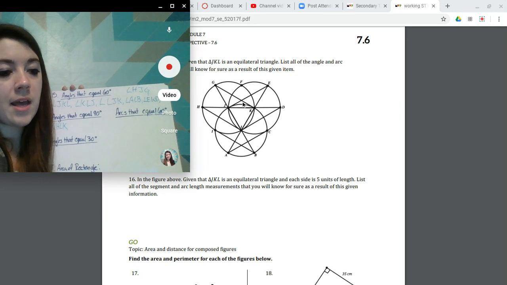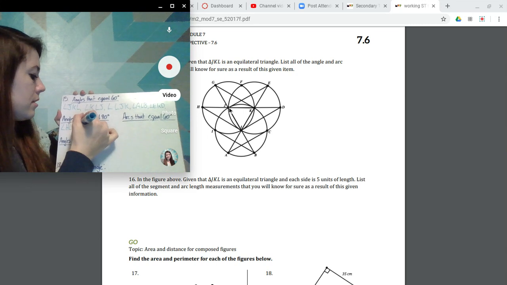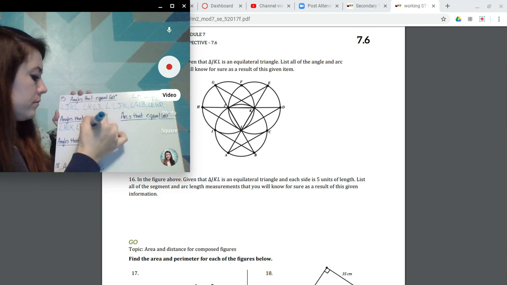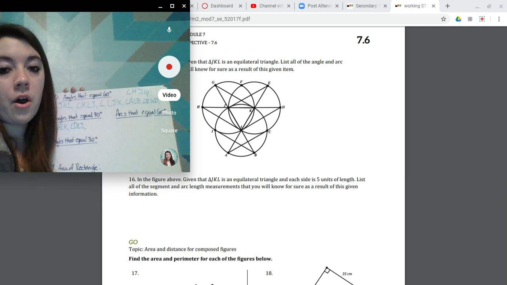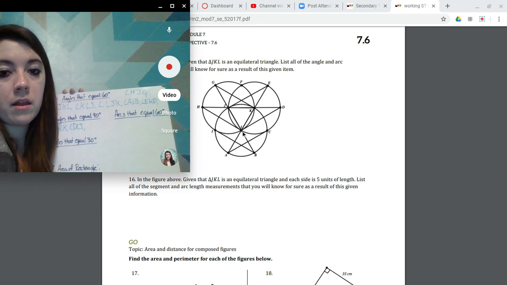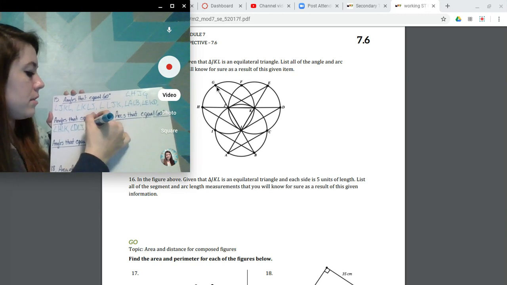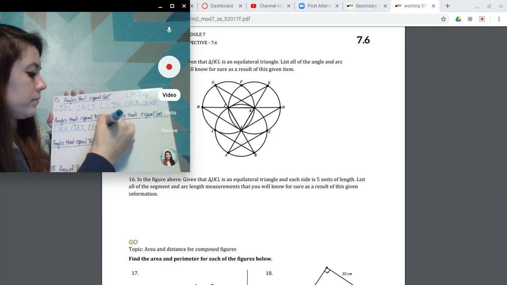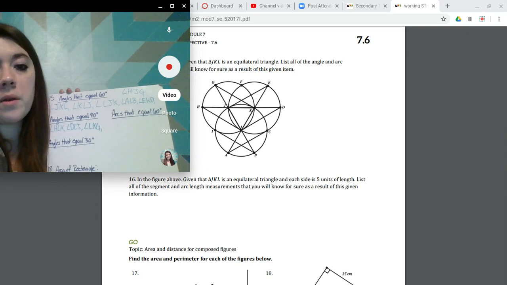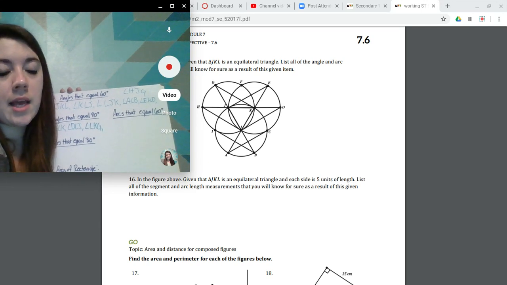That also means that angle DLJ is 90 degrees. And also LKG is 90 degrees. And one more that we're going to state is angle LJE.